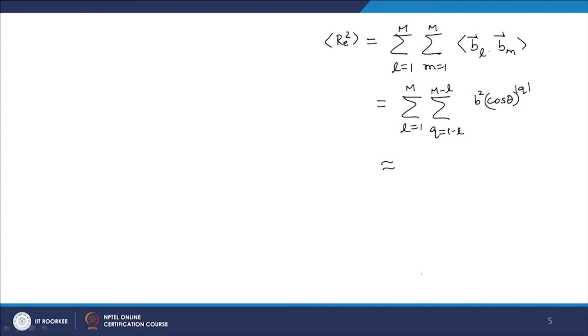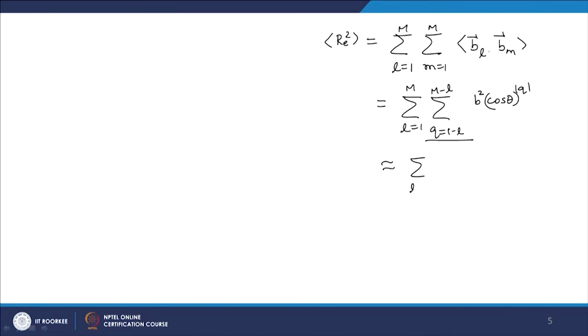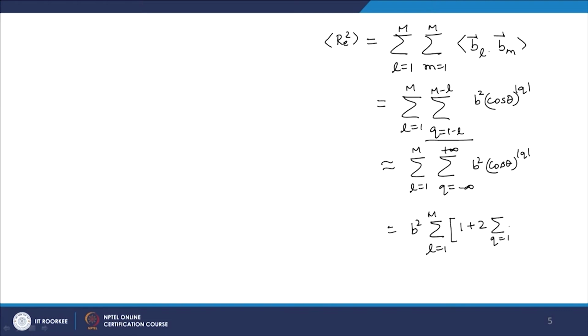So, we can replace this particular sum by q from minus to plus infinity. And we will have something like, okay.